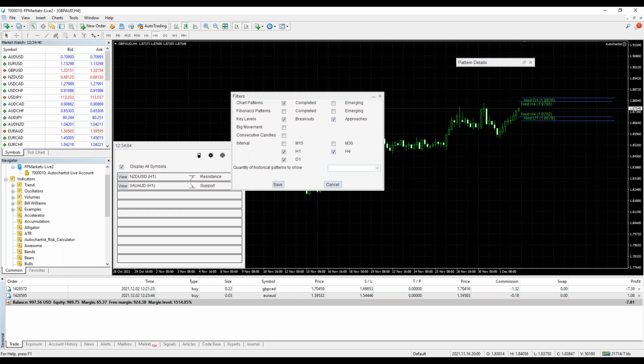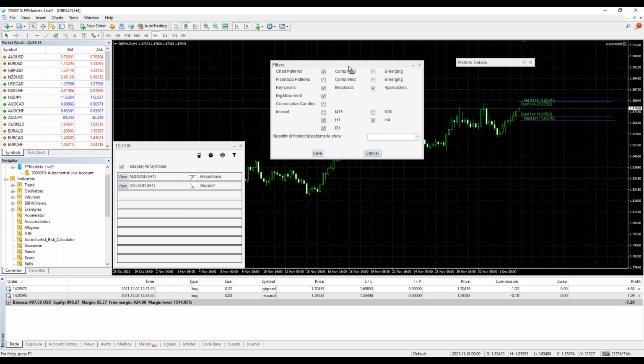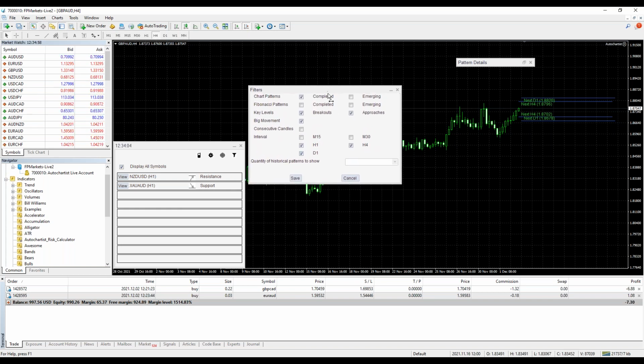Now, the default search criteria is set to breakout chart patterns, breakout key levels, emerging key levels. And the reason for that is that these are the patterns on which we have past probability statistics.